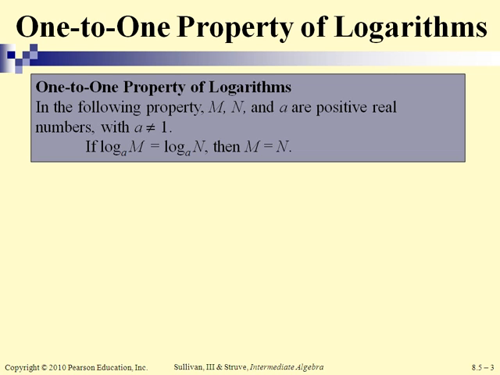Is that okay? Yeah. So that's what it says. If output are the same, then input must be the same. Okay? That is a very, very important 1-to-1 property. One more time. What do you mean by 1-to-1 property?